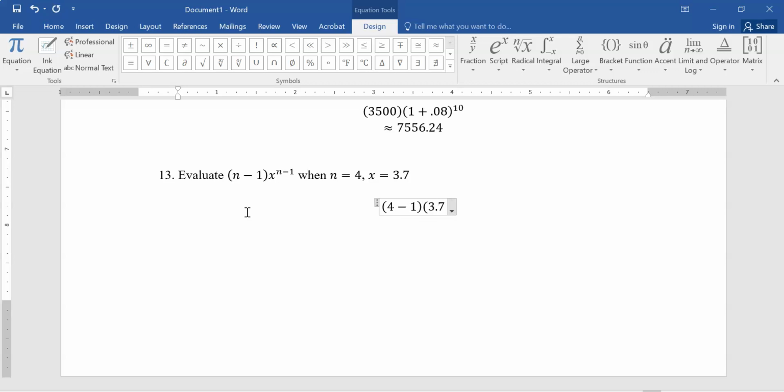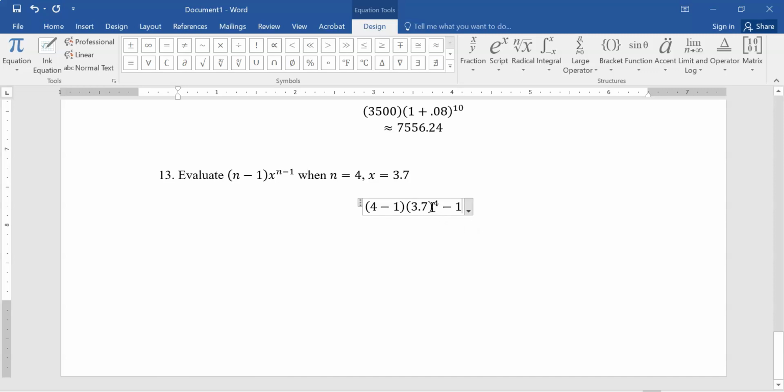If in my calculator I put 3.7 caret 4 minus 1, what's going to happen is that my calculator is going to interpret it that way.